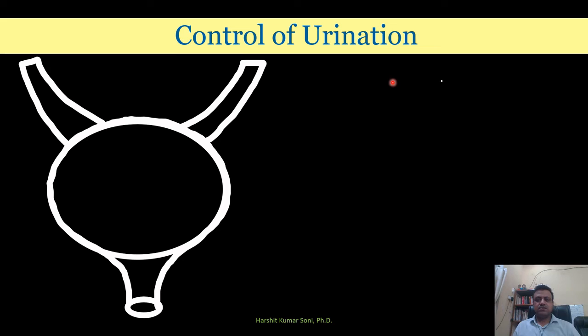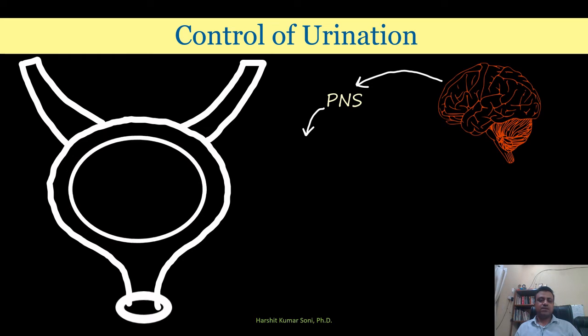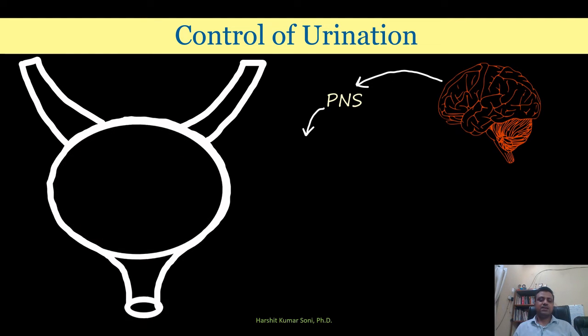All of this is controlled by the nervous system, and the first system which comes here is called the parasympathetic nervous system, or PNS. So what does PNS do? PNS creates the contraction of the urinary bladder muscle and relaxation of the sphincter.